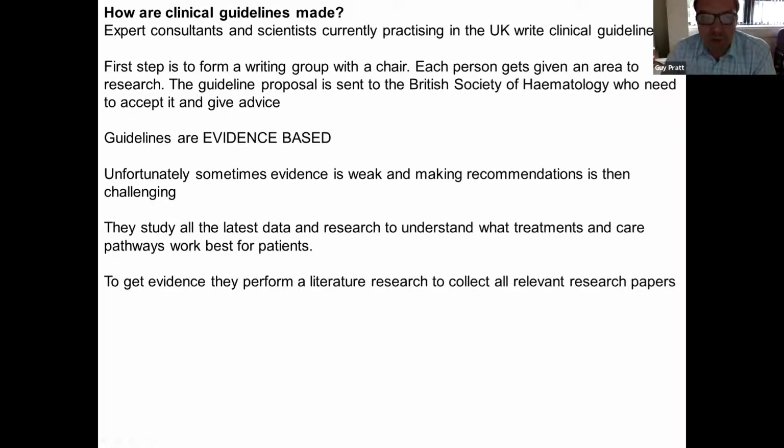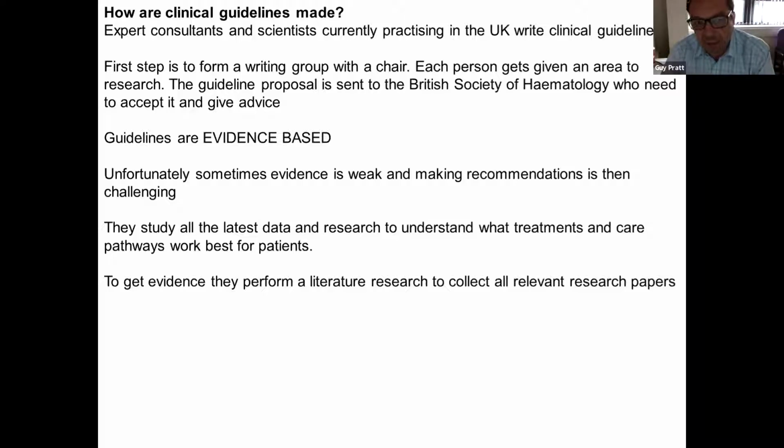So guidelines are made by so-called experts, and the first step is to form a group of people who are engaged and driven to do it, and we call that a writing group because they do the writing. And a proposal is sent forward to the BSH, British Society of Haematology, who will accept it if they think it's worthwhile, and maybe give advice.